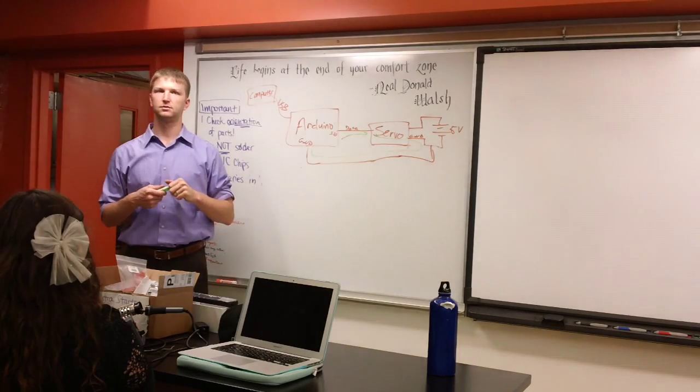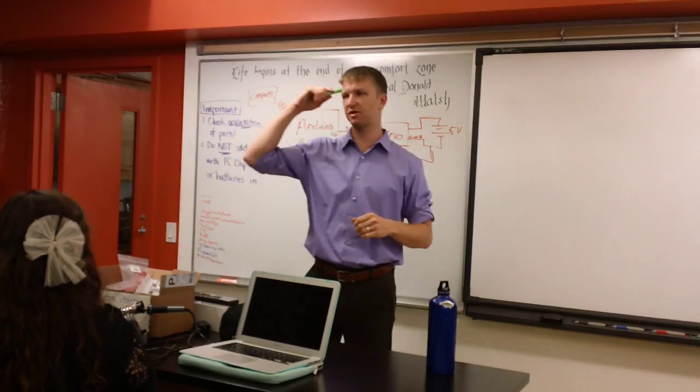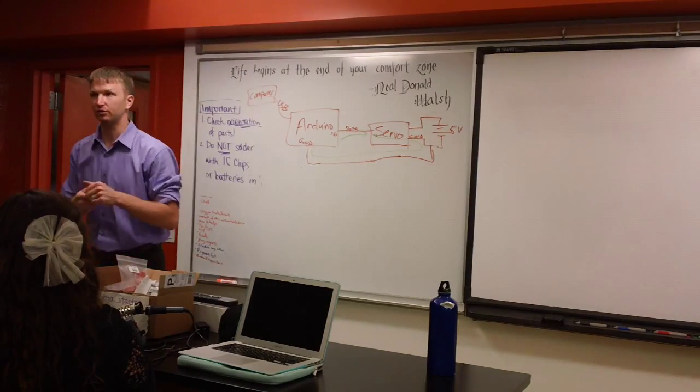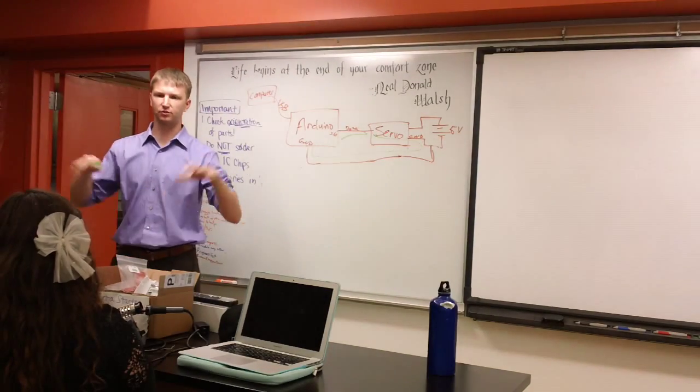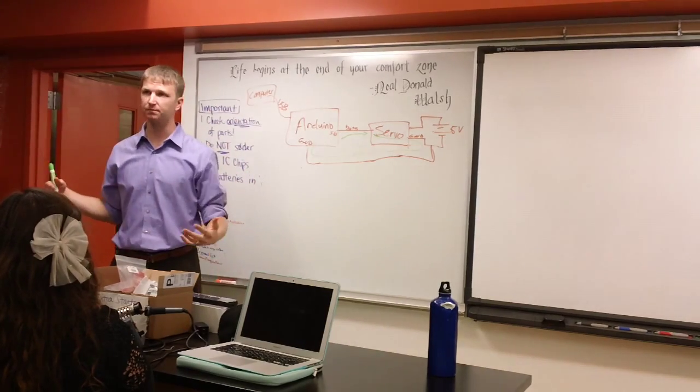Any other questions? No? Hang on. The other thing that you might want to think about with ground is there is an absolute ground that exists in this world. It doesn't really affect us here at Blue Stamp because most of our stuff is battery powered.